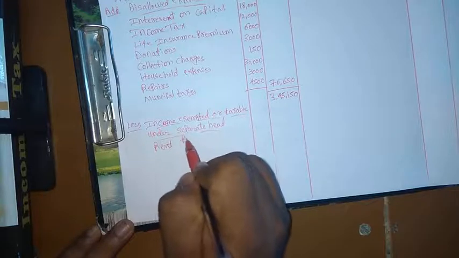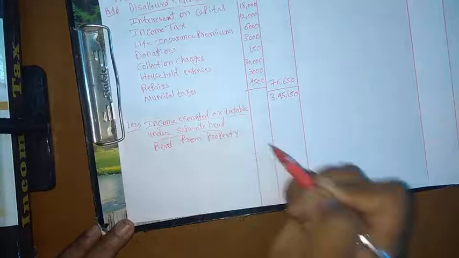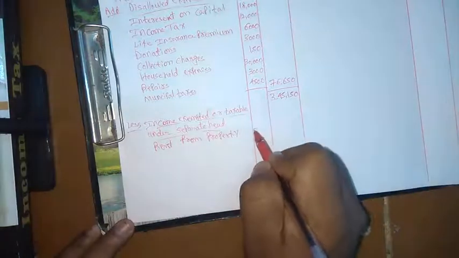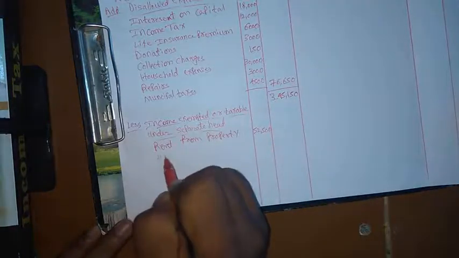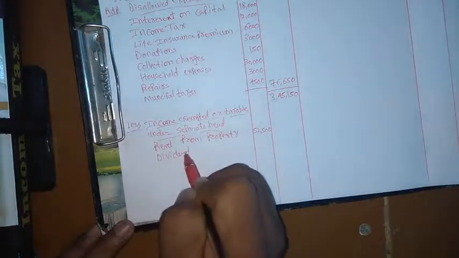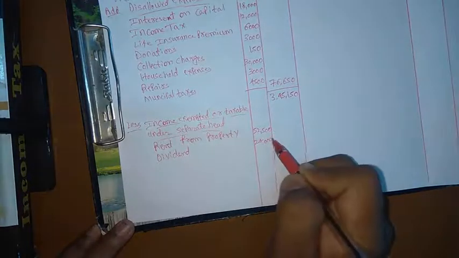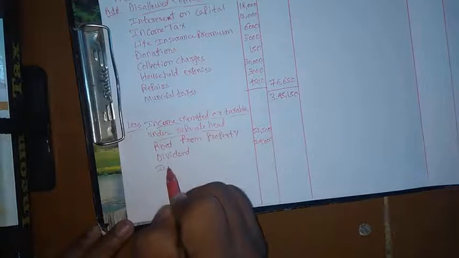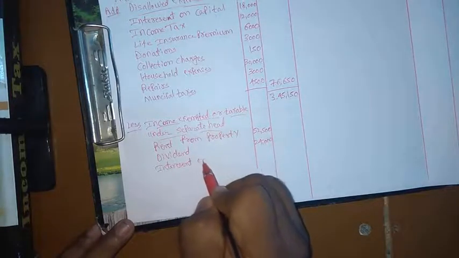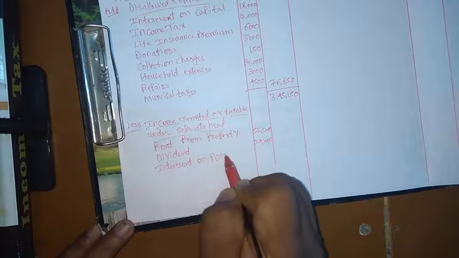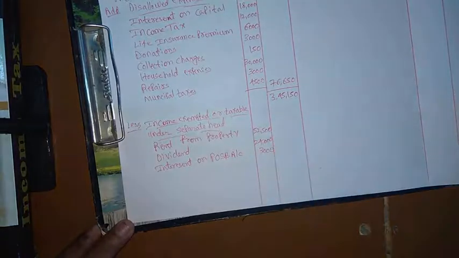Rent from property, it is 52,500 rupees. Next, dividend, it is 24,000. Next, interest on post office savings bank account, it is 3,000.